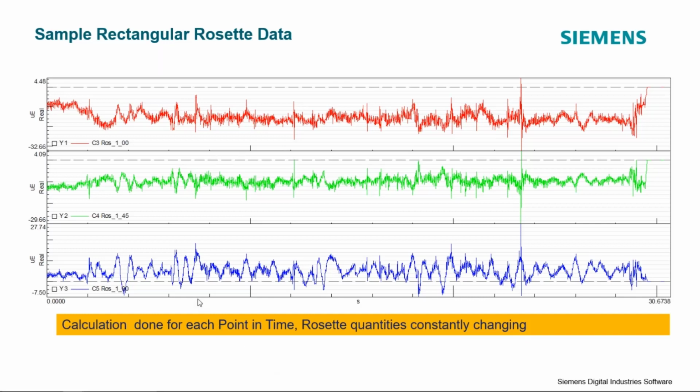But when we perform a physical test, we have a strain versus time history, and the calculations are done for each point in time. And so the rosette quantities are constantly changing based on the values of the 0, 45, and 90 strain time histories at that moment in time. So instead of having a principal stress at a single value in a single angle, those values are changing in time depending on the values coming from my strain gauge rosette.